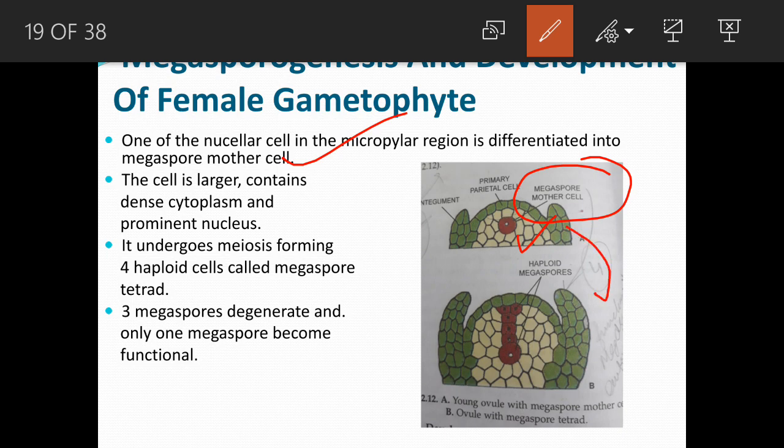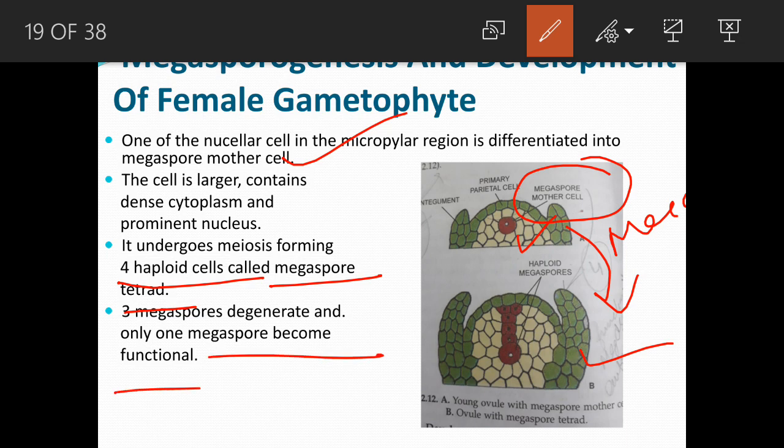It undergoes meiosis, a reductional division, to form 4 haploid cells, the megaspore tetrad. 3 megaspores will degenerate and only one will remain, which is the functional megaspore.